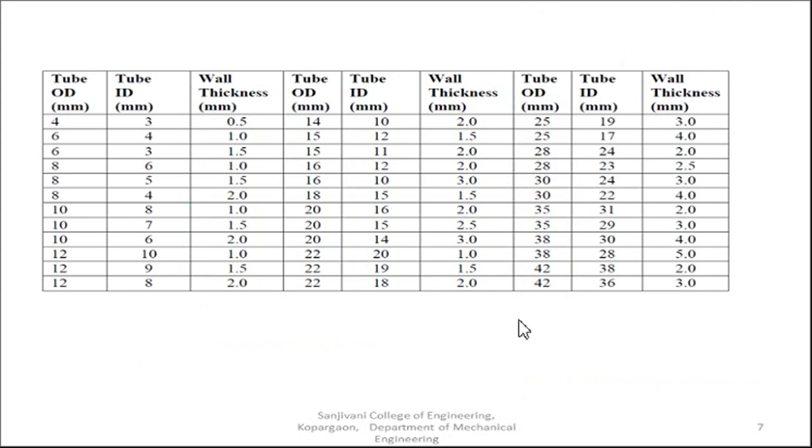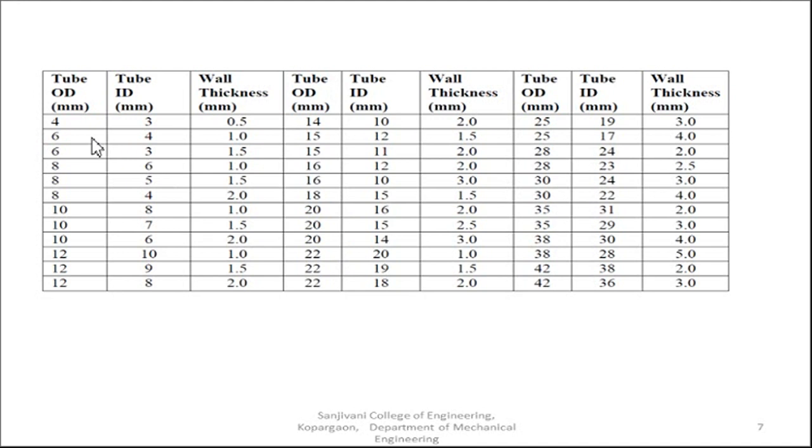This is nothing but the table for pipe fitting in mm. You can see tube outer diameters 4, 6, 8, 10, 12. There are different sizes for inner tube and outer tube and wall thickness, depending on the application and depending on the pressure which you have to handle.